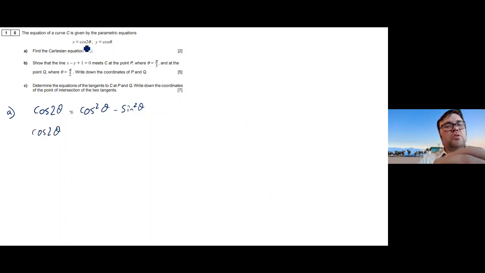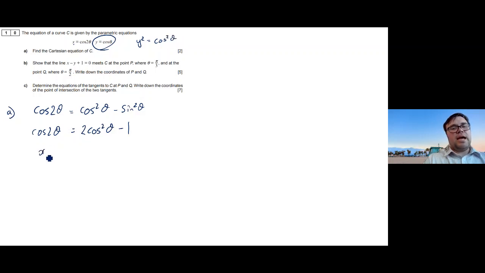And now we've got our cos 2 theta here in terms of x, and our y is in terms of cos. So then I would say that this is 2 cos squared theta minus 1. Substituting in, I'm going to have to square this. So y squared equals cos squared theta, so that I have x equals 2y squared minus 1. And then you go for my 2 marks.